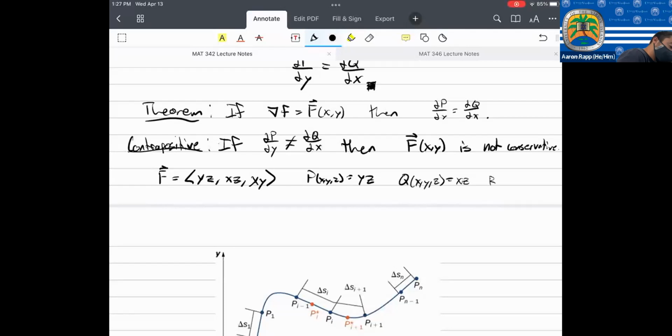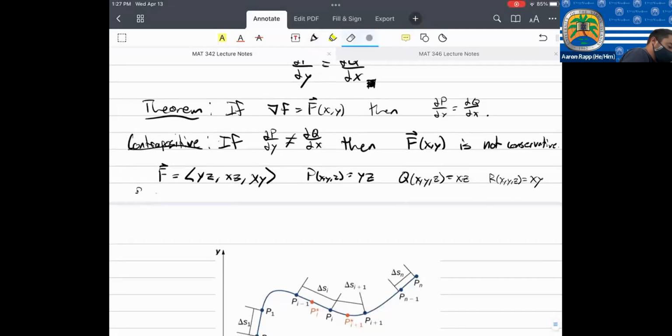And my z component is xy. If I take the partial with respect to y of the function p, what is that going to be? Just z. So Py is equal to z.